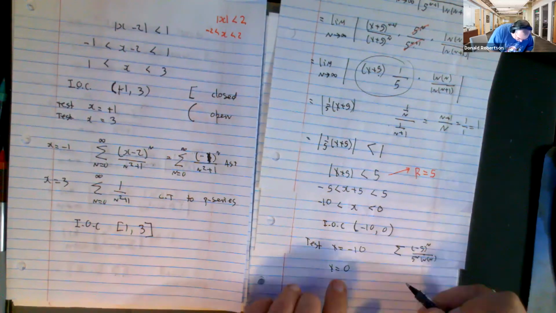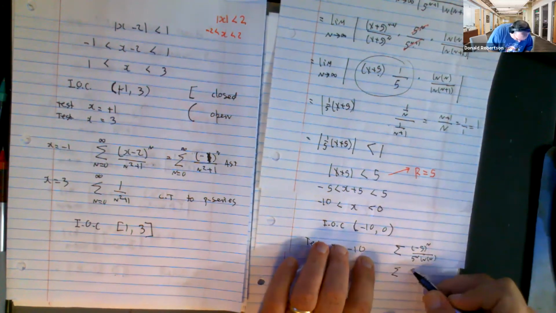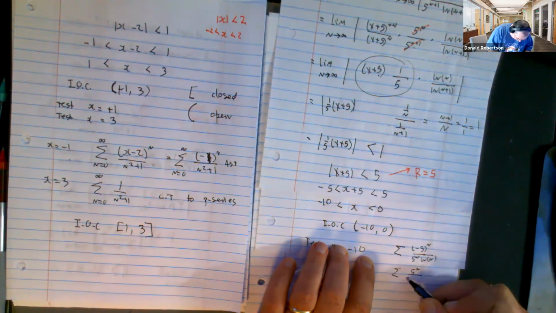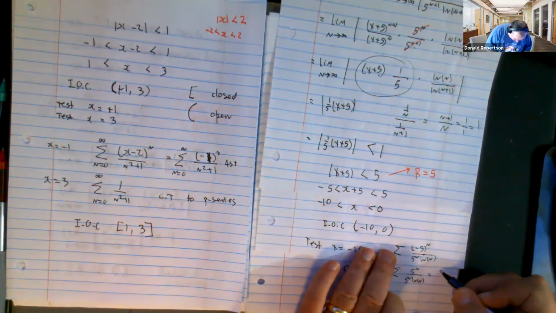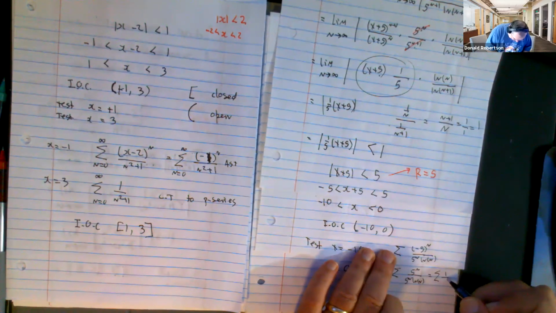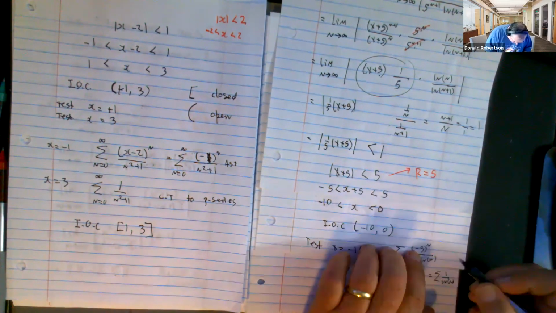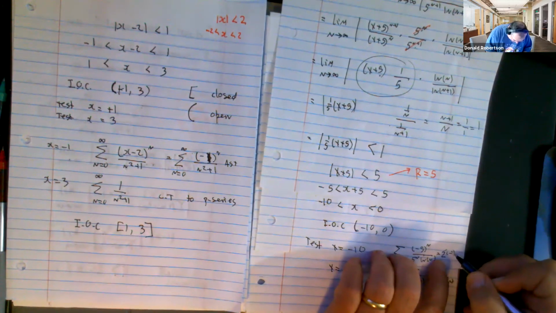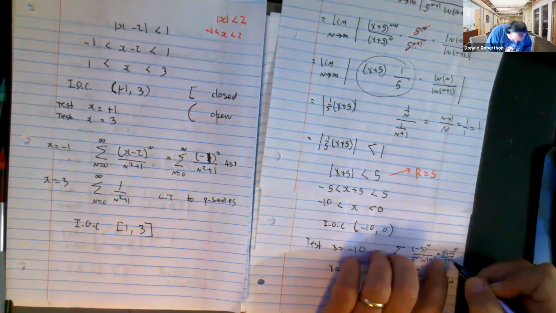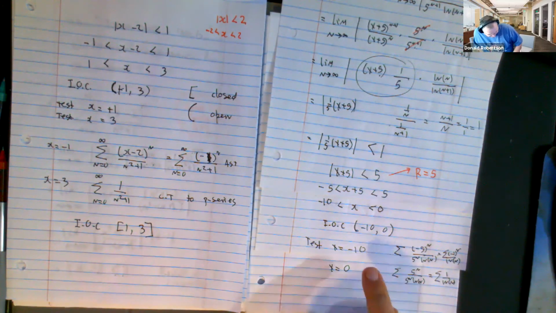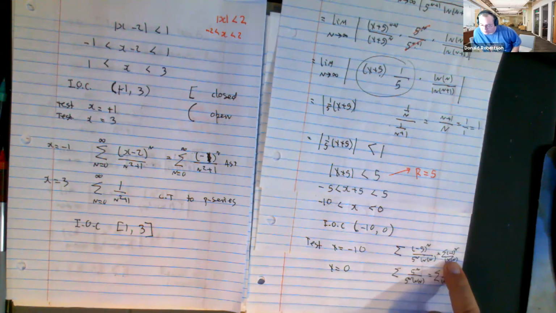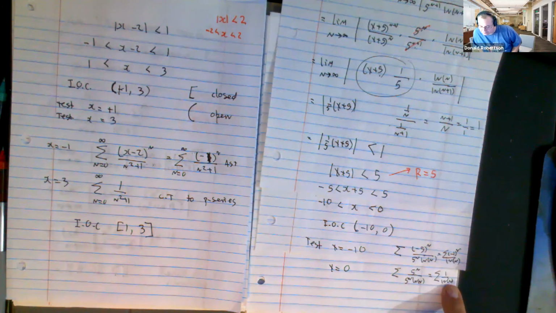And if you plug in 0, you get 5^n on the top and this guy on the bottom. This one simplifies down to 1 over log n. And this one eventually simplifies to (-1)^n over log n. You just trust me on that, you can check it in detail. But when you plug x equals -10 in, this is what the series ends up looking like. And if you plug x equals 0, this is what the series looks like.